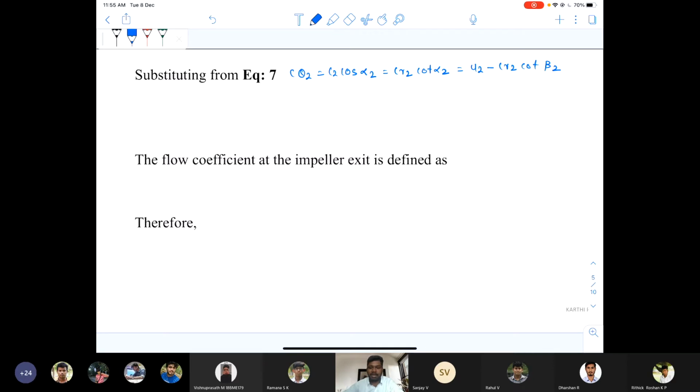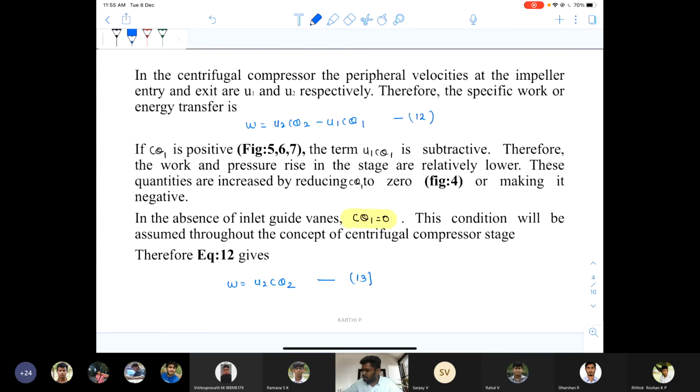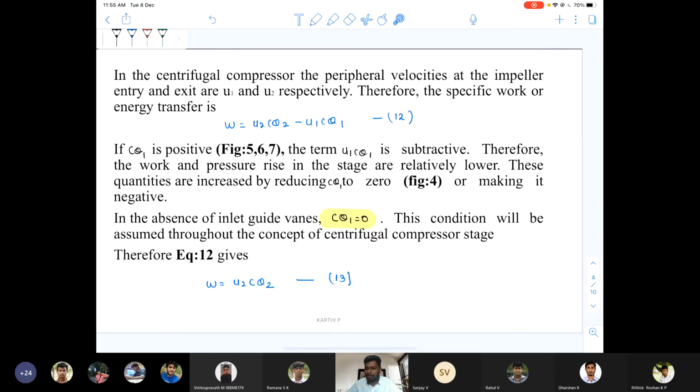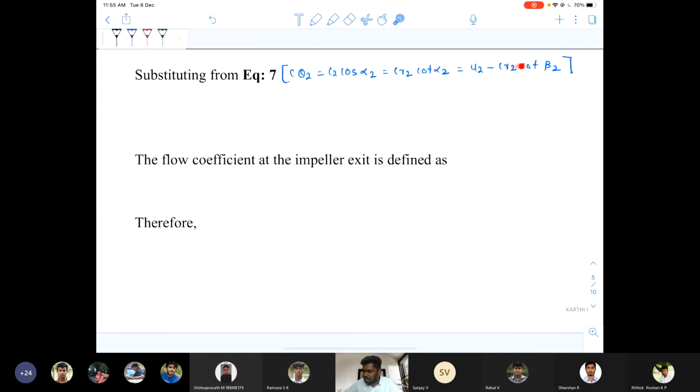This is equation number 7, and from this equation you can write the value of C theta 2.